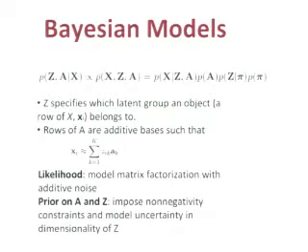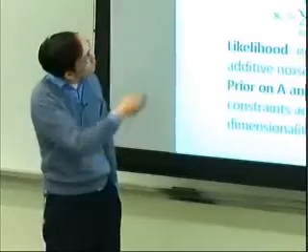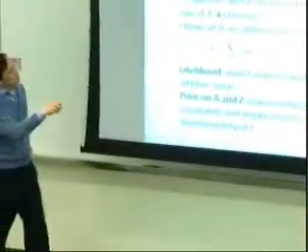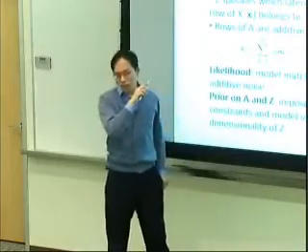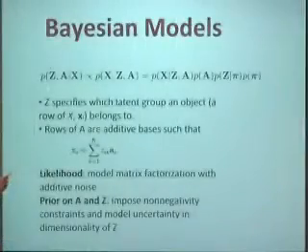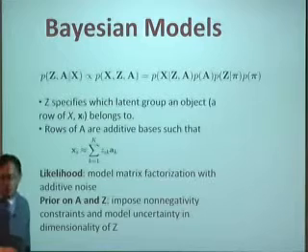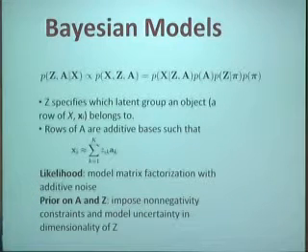Okay, Bayesian models. We say we want to model uncertainty in data. In a Bayesian approach, we try to compute the posterior distribution of the latent variables Z and A. Z is the loading matrix, A is the basis, and X is what we observed.